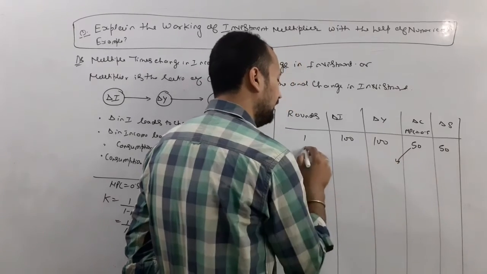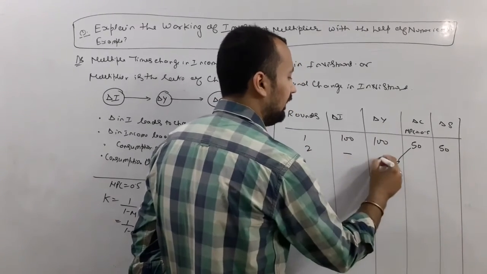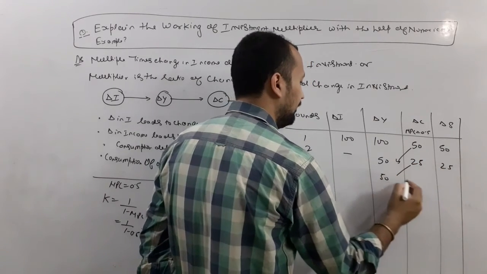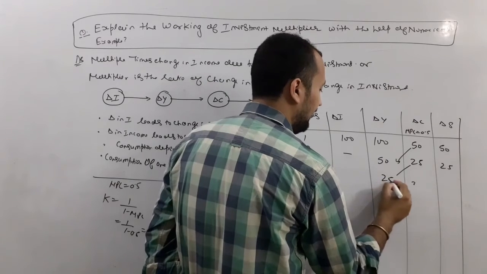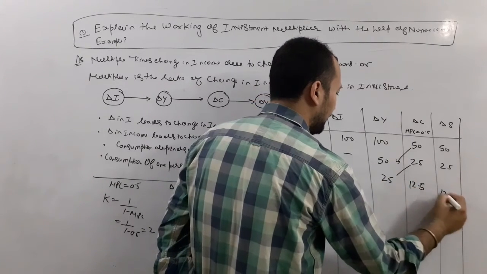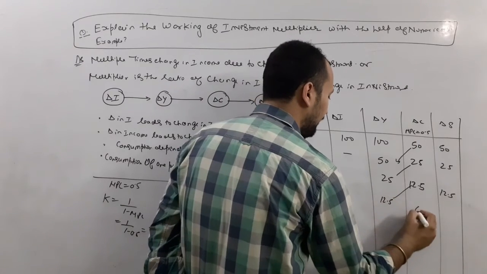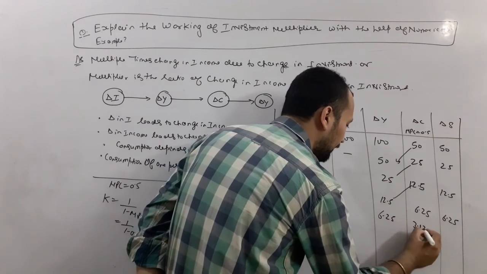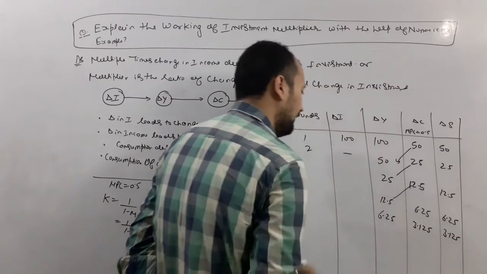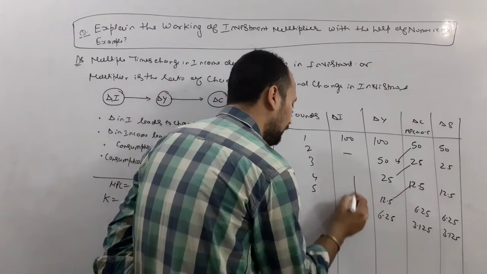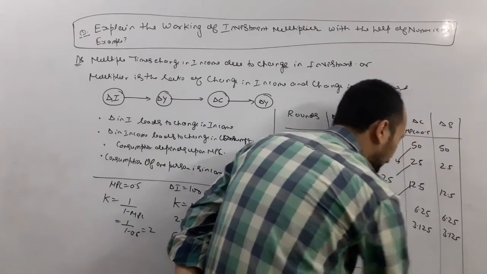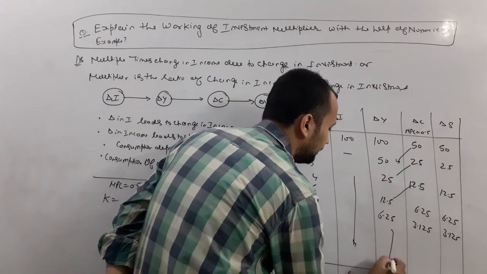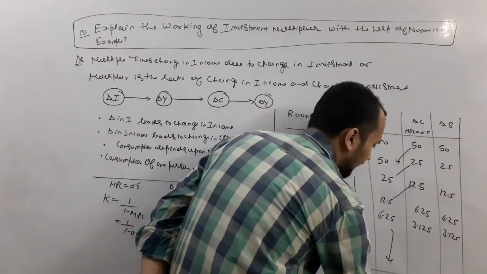Consumption of one is income for the other, so in the second round income is 50, half of it 25 and 25. Then 25 becomes 12.5 and 12.5, then 6.25 and 6.25, then 3.125 and 3.125. This goes on in the same manner until delta I equals 100 crore, delta Y 200 crore, delta C 100 crore, and delta S 100 crore.